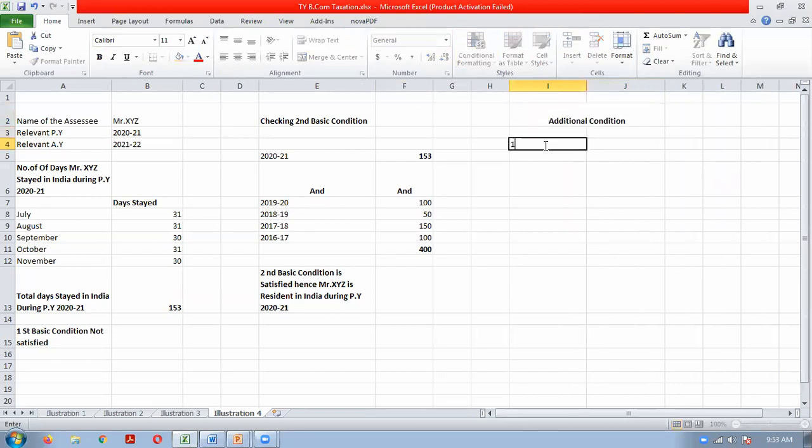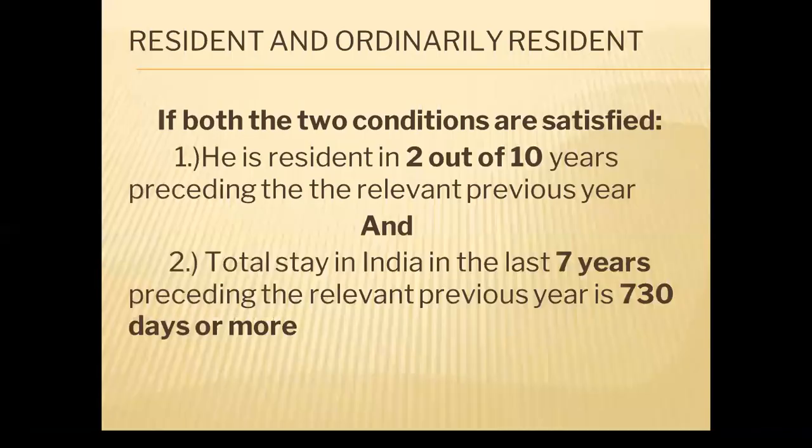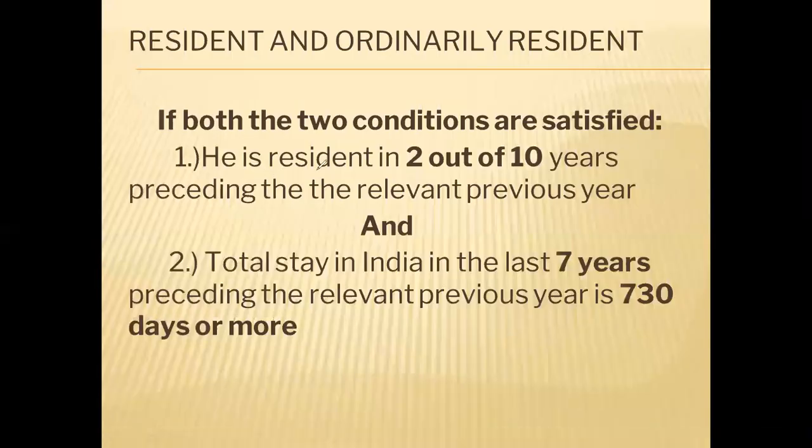So first, we will check the first additional condition. What is the first additional condition? Let us read. The first additional condition is that he should be a resident in India in 2 out of 10 years preceding the relevant previous year.